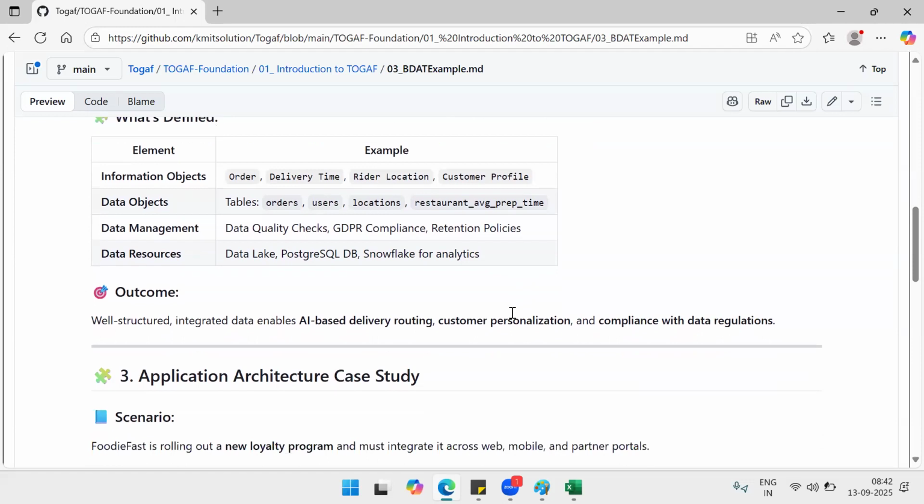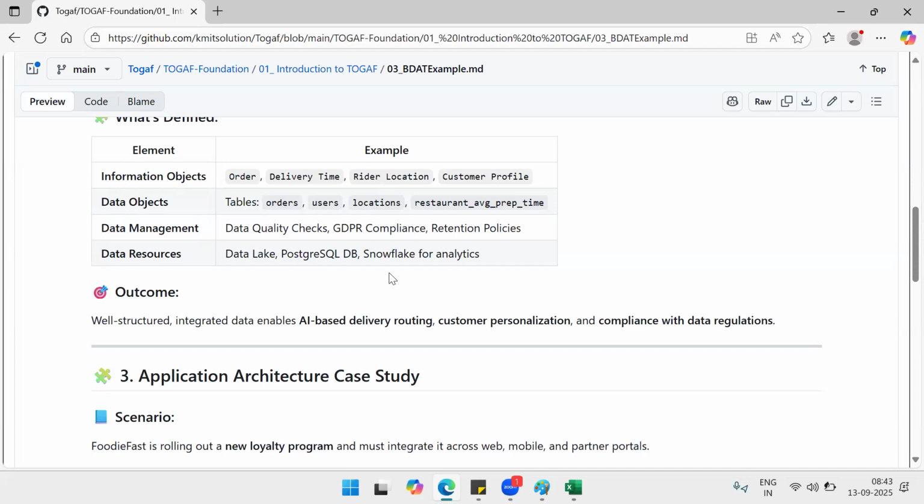Well-structured and integrated data enables AI-based delivery routing, customer personalization, and compliance with data regulations. When we talk about these objects, they belong to the data owners. If you have any question, you can interrupt me anytime.